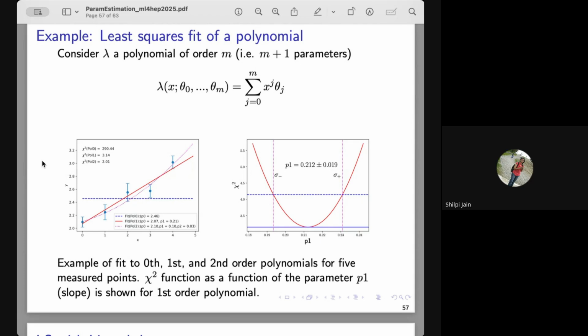You can't estimate more than n, but you can find the region in whatever m-dimensional space, larger than n, which is consistent with these equations. So one equation in three dimensions gives you a two-dimensional plane that satisfies it. If you have two equations in three dimensions, you will have a line, a one-parameter line which will satisfy these equations. So it constrains a lot, but still there is a lot of freedom.